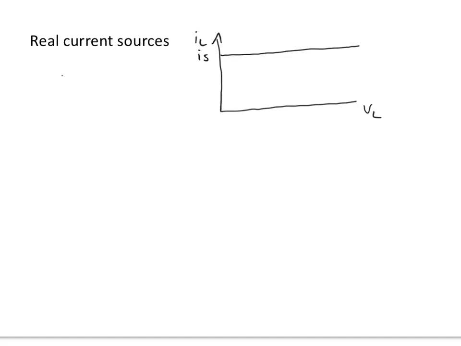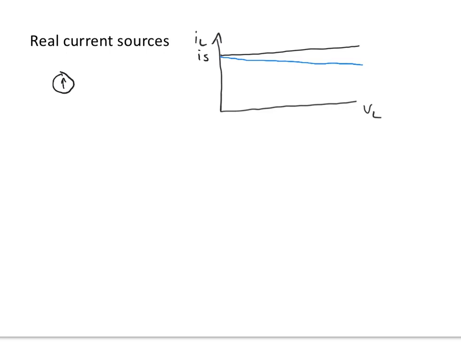And remember, we drew it like this. But again, we see that for a real current source, there's a straight line relationship, and the more the voltage drop across the load increases, the smaller the load current.